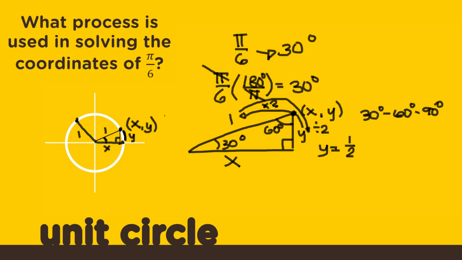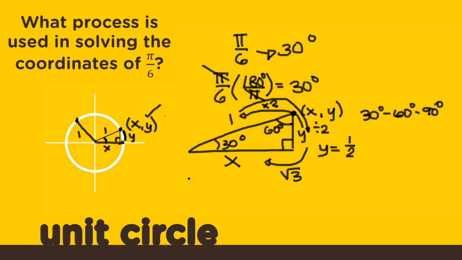This is the y value of the coordinate of the terminal point of our pi over 6, which corresponds to the height of that point here. So that's y already. So we're done with that. After that, there's also a good relationship between the shorter leg and the longer leg. As we move from the shorter leg to the longer leg, we simply multiply it by square root of 3.